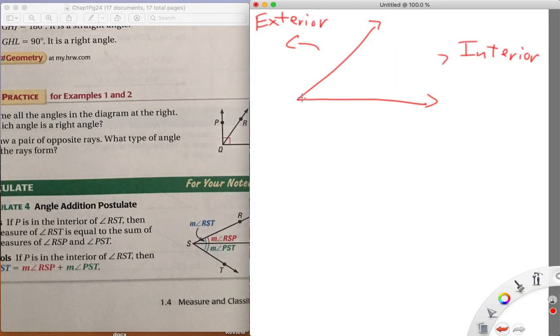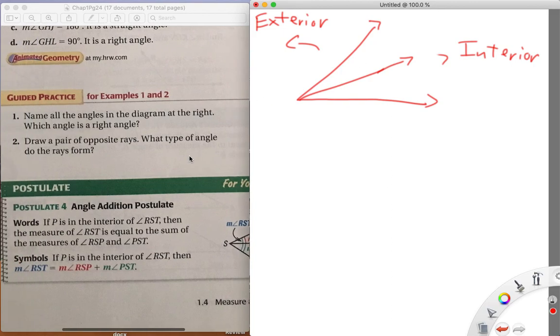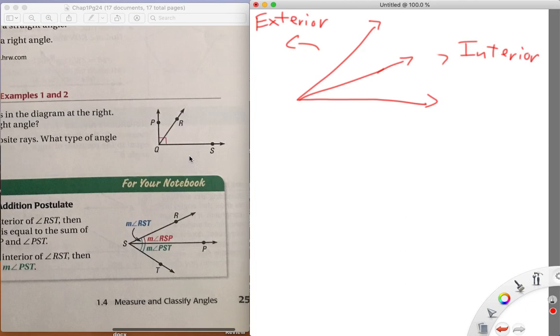We can have another ray such that we would call this interior ray or interior angle, where we have another subset of angles in the interior of the outside angle.